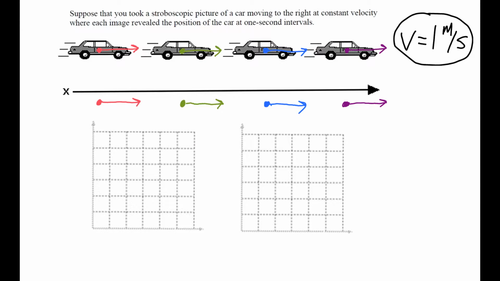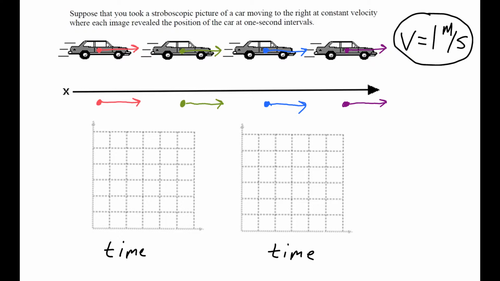All right, now since we've made our motion map, we're going to translate our motion map onto a position time graph and a velocity time graph. So before we can do that, we have to label and scale our axes. So we're going to make time the x-axis for both of these.